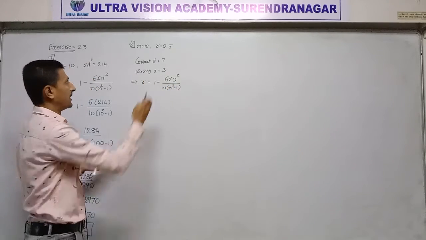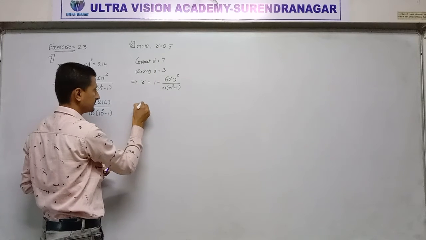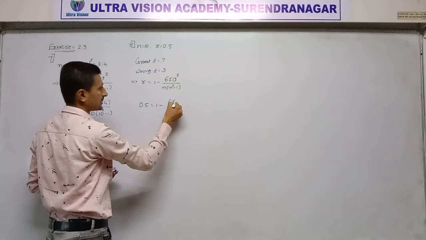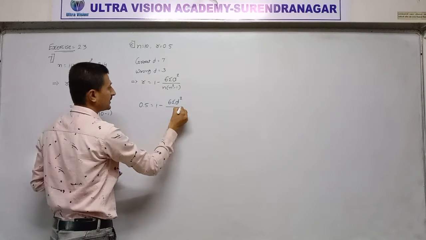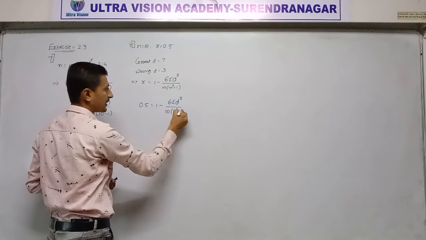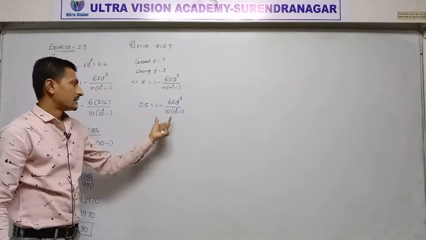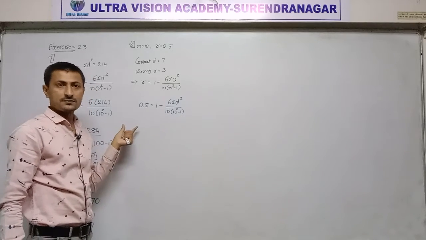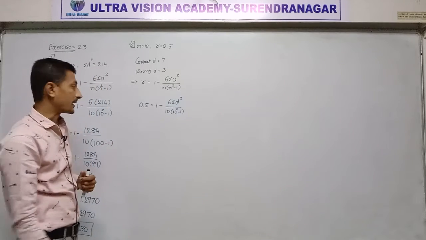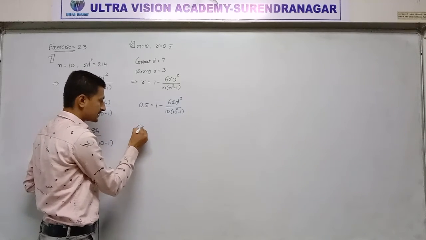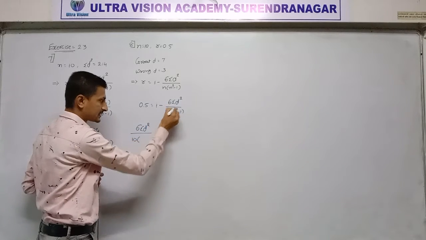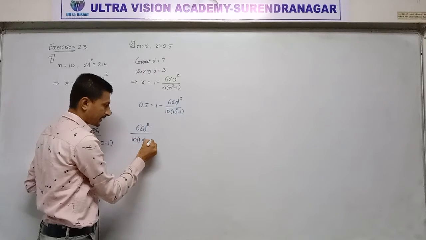Next, putting the value of R as 0.5: 0.5 equals 1 minus 6 sigma d square divided by 10 in bracket 10 square minus 1.